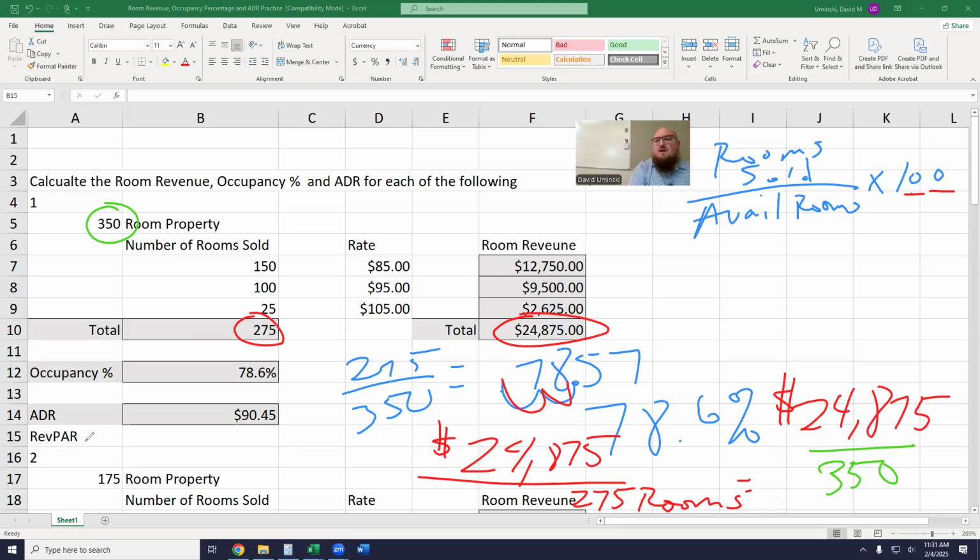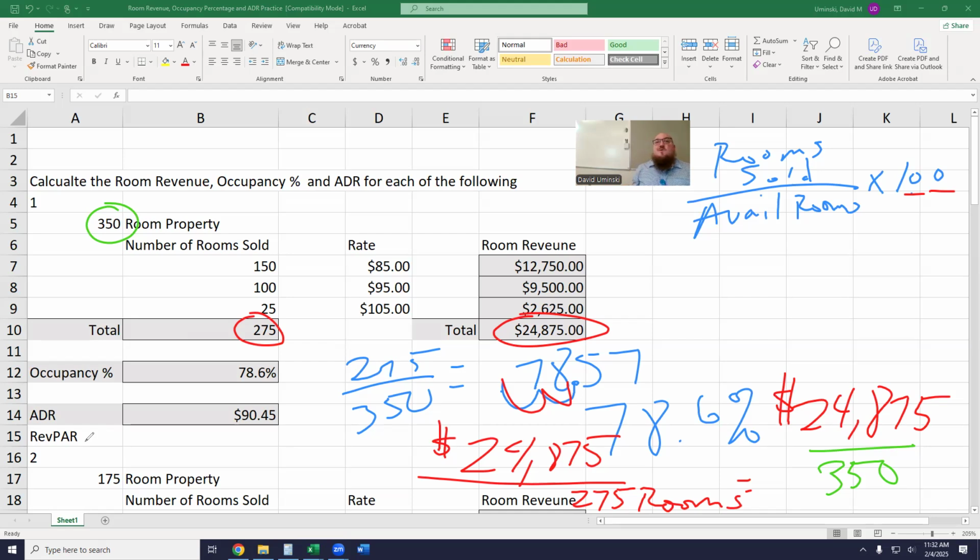Our RevPAR is revenue per available room. So is this number going to be higher or lower than our ADR? Why is it going to be lower? Because if we sold less than the total number of rooms, we're dividing the same dollar amount by a bigger number, which means our answer is going to be smaller.